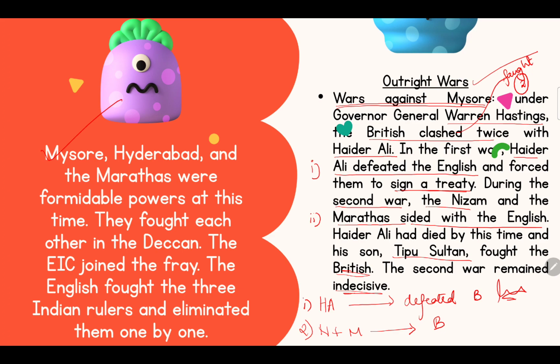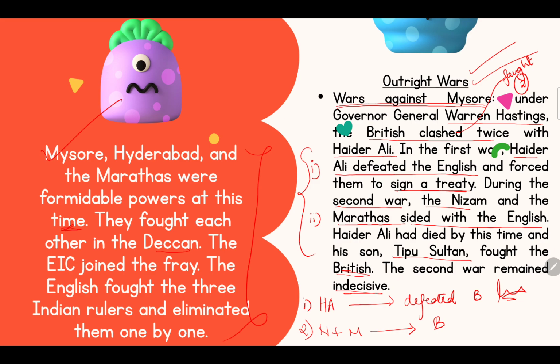Mysore, Hyderabad, and the Marathas were formidable powers at that time. They fought each other in the Deccan. The East India Company joined the fray. The English fought the three Indian rulers and eliminated them one by one. This is just an extra, okay? But you need to understand these two important things in outright wars.